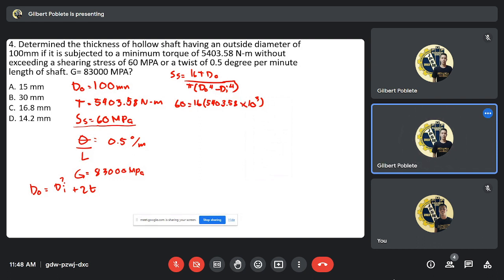Okay. So, times the outside diameter, we have the 100 millimeter. Times natin siya ng 10 raised to 3 para maging millimeter siya. Okay. So, over pi times the outside raised to 4 minus DI raised to 4. So, ayan, para makuha natin si DI, inside diameter.